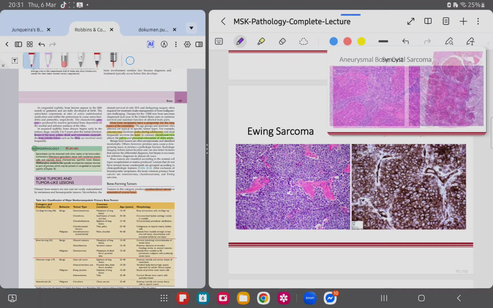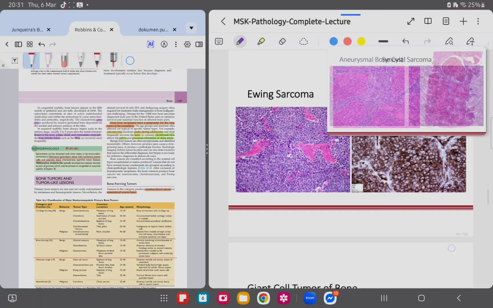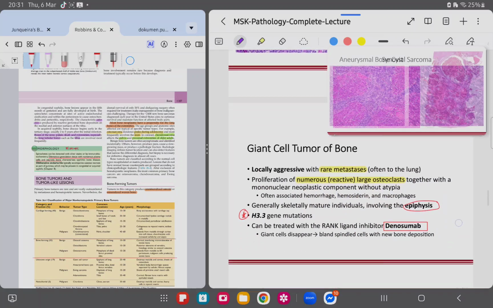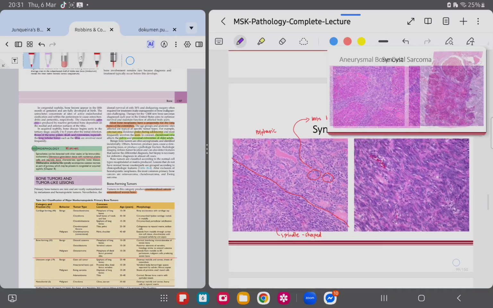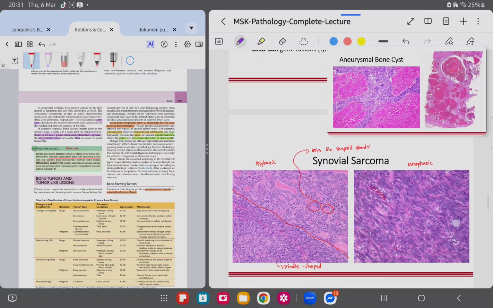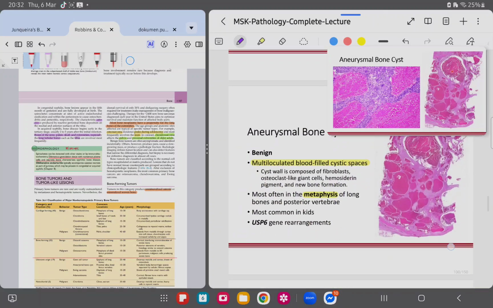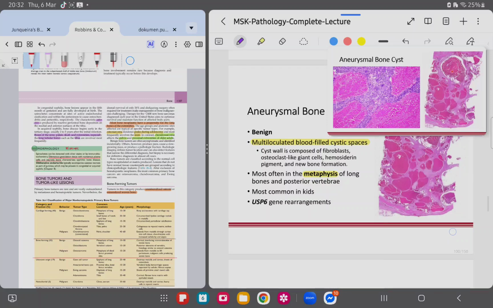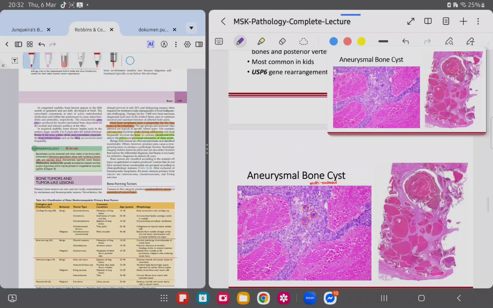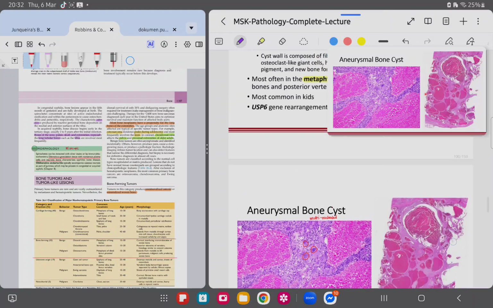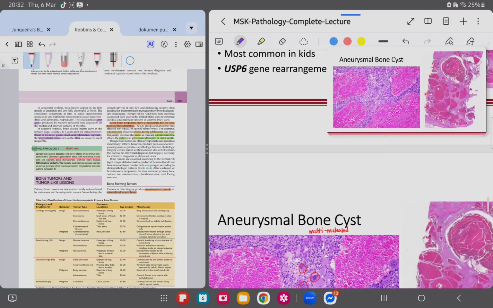So these are filled with blood. So once you see these two images or two similar looking images opposed to each other, one filled with spaces and the other one filled with multinucleated giant cells, then the correct answer will be aneurysmal bone cyst. Again, please take note of the location of these lesions.